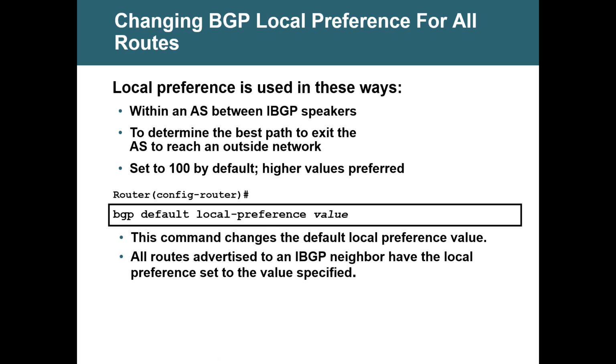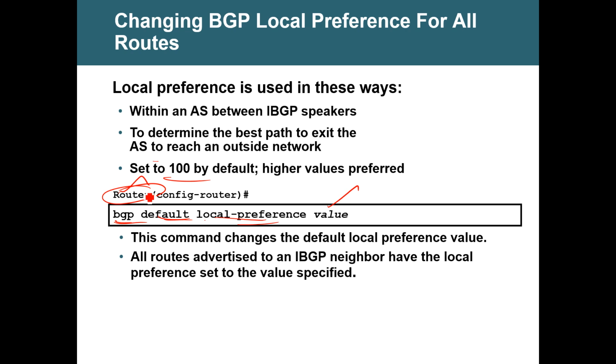Local preference, we all know, is for the whole autonomous system, and this is the command to set it. We go under router BGP, and then we set bgp default local-preference. A higher value is preferred; the default is 100. When you give a higher local preference, that router becomes the exit for all destinations from our autonomous system, not only from this router but from every router in the autonomous system.